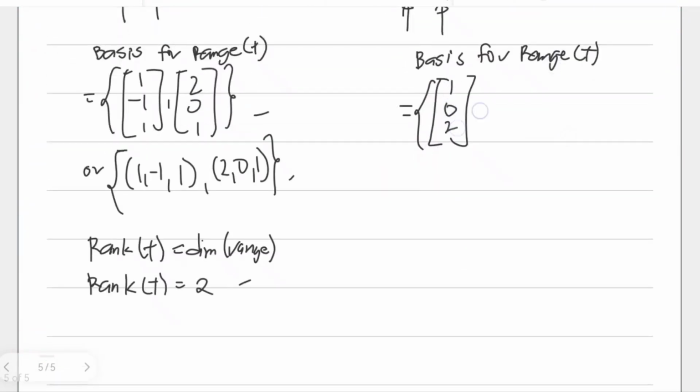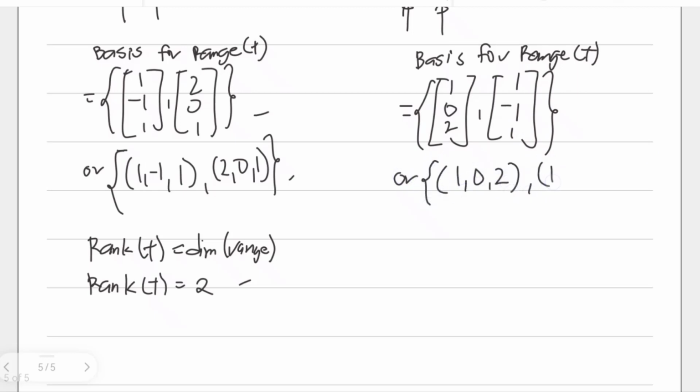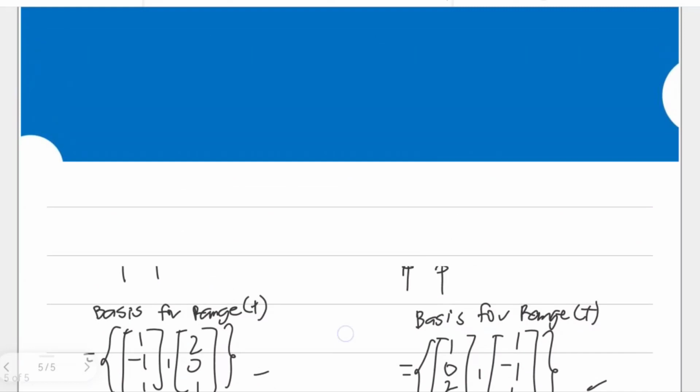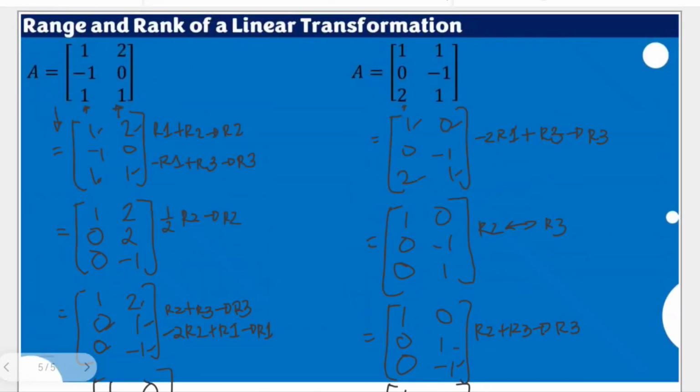Or you could write it like this: 1, 0, 2, and then 1, negative 1, and then 1. Since there are two elements there, again the rank is just the dimension of the basis for the range, so it's equal to 2. These are now the answers for the second matrix. So again, this is how we show the basis of the range and the rank of these two matrices under linear transformation. Thank you very much for watching.